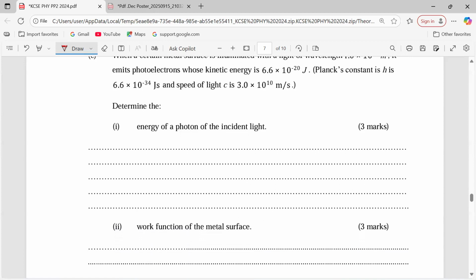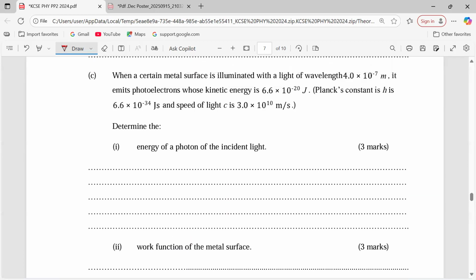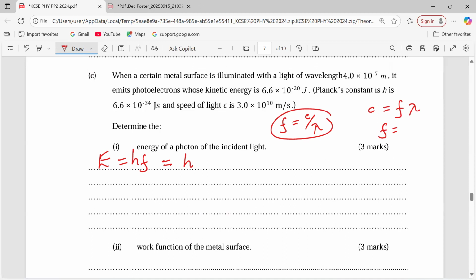Determine part 1, the energy of the incident light. We know that energy is given by Planck's constant times f, which can also be given by Planck's constant times c over lambda, because speed of light or any radiation is given by f lambda, meaning that f can be expressed as c over lambda.